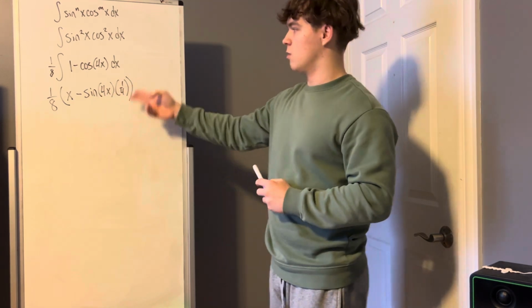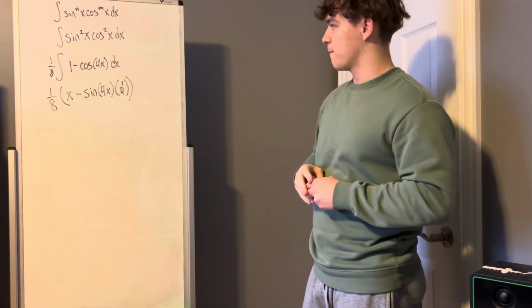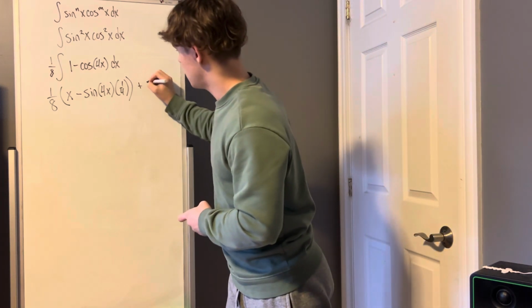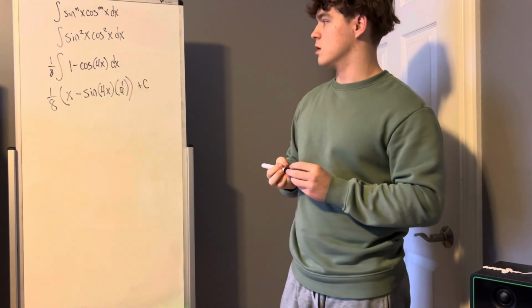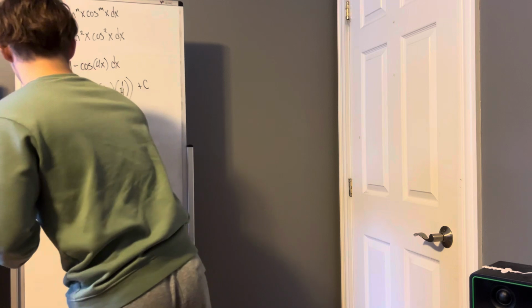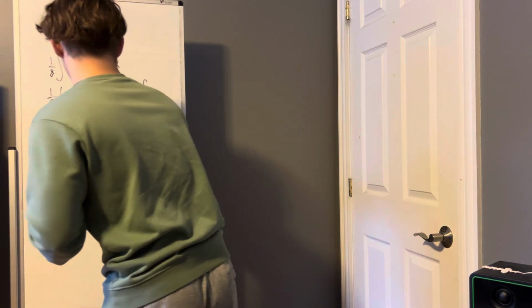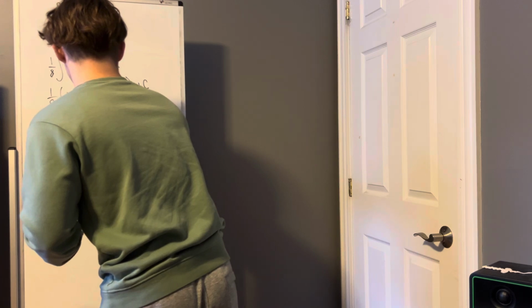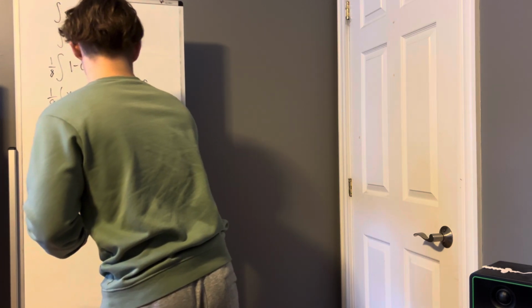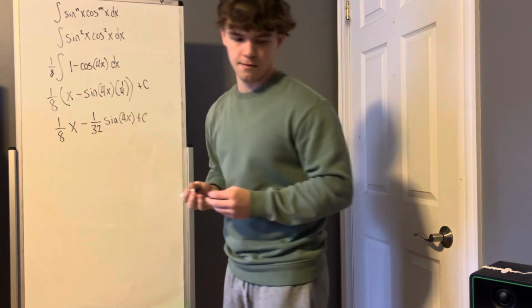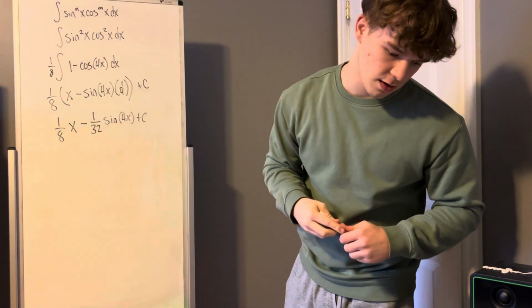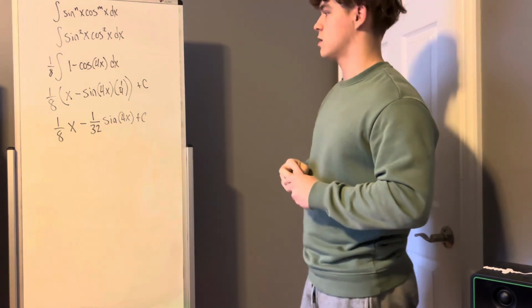If it's an integral, we put a 1 over 4. Don't forget our plus c. And so what we would get is 1 over 8 x minus 1 over 32 sine of 4x plus c. Let me make sure I got that right. Yes.